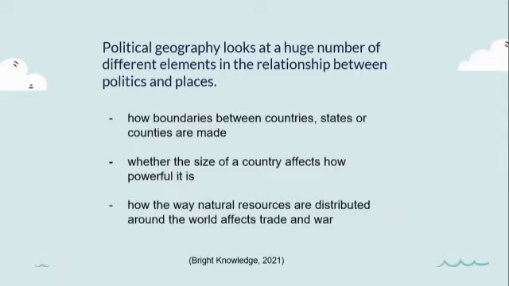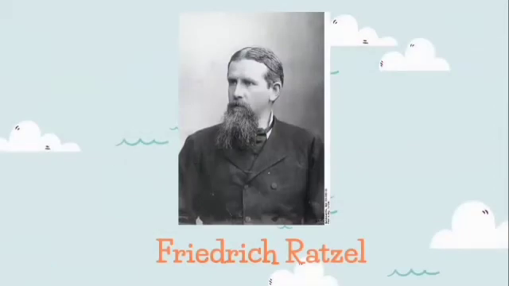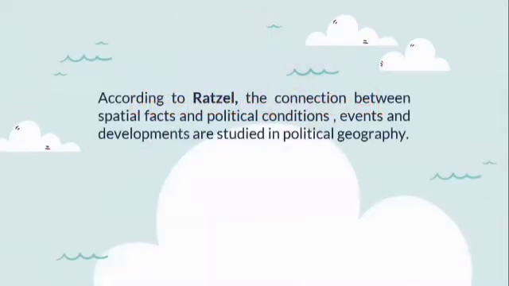And lastly, how the way natural resources are distributed around the world affects trade and war. Here we have Friedrich Ratzel, who is acknowledged as the father of political geography. And according to him, the connection between spatial facts and political conditions, events, and developments are studied in political geography.